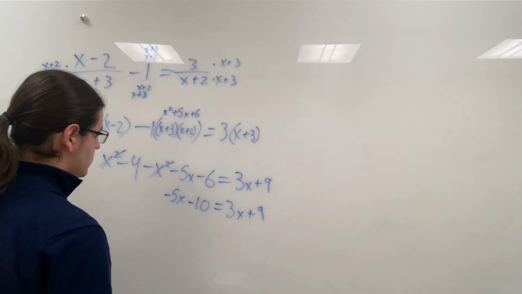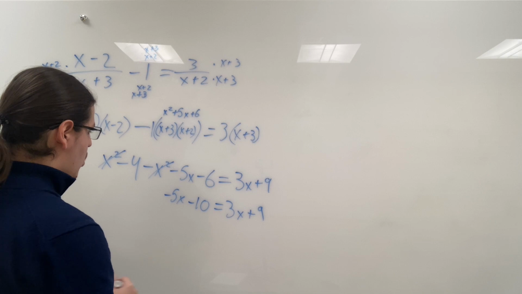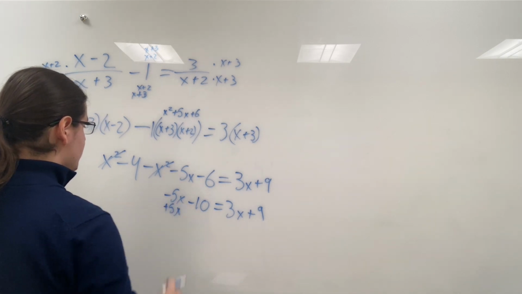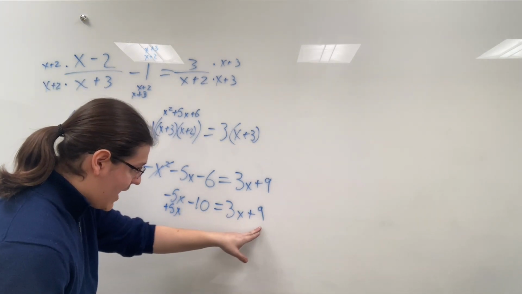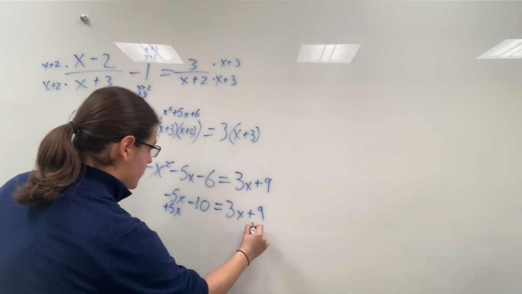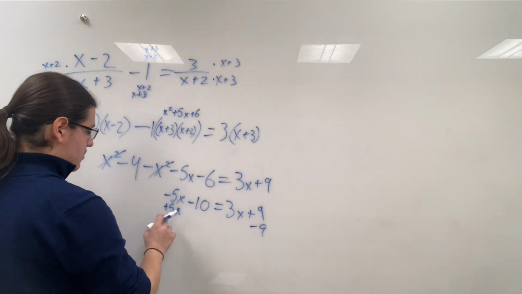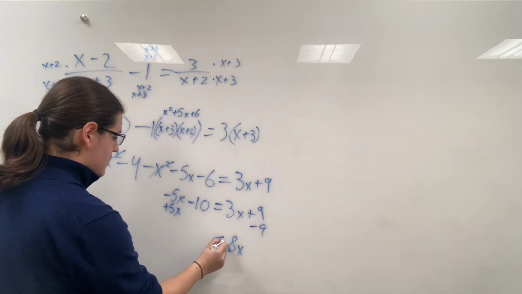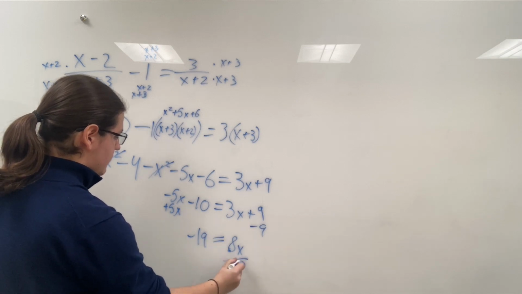And now, let's do some more. 5x. We want that x on one side. So I'm going to add the x's over here and then add just the 9 over here. Or subtract, really. So 3 plus 5, 8x is equal to minus 9 minus 10, minus 19.